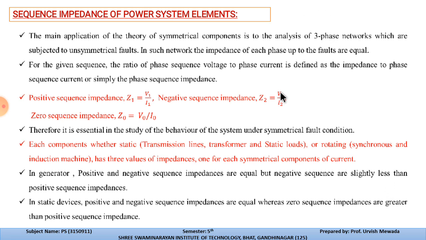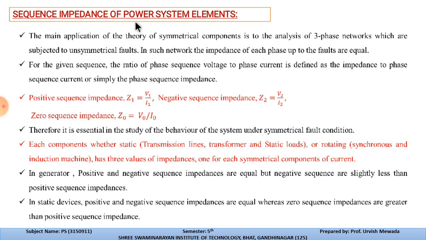If we need to transfer power in an economical way, and if we do not want to face problems related to short circuits or any kind of faults, then we need to keep in mind the sequence impedance, or we can say the impedance of the particular elements present in the power system. So let us discuss the sequence impedance of the power system elements.